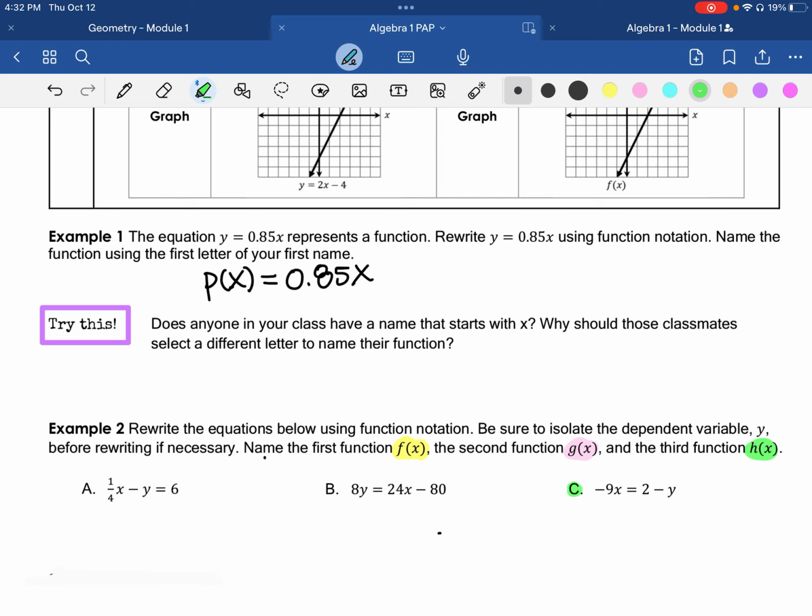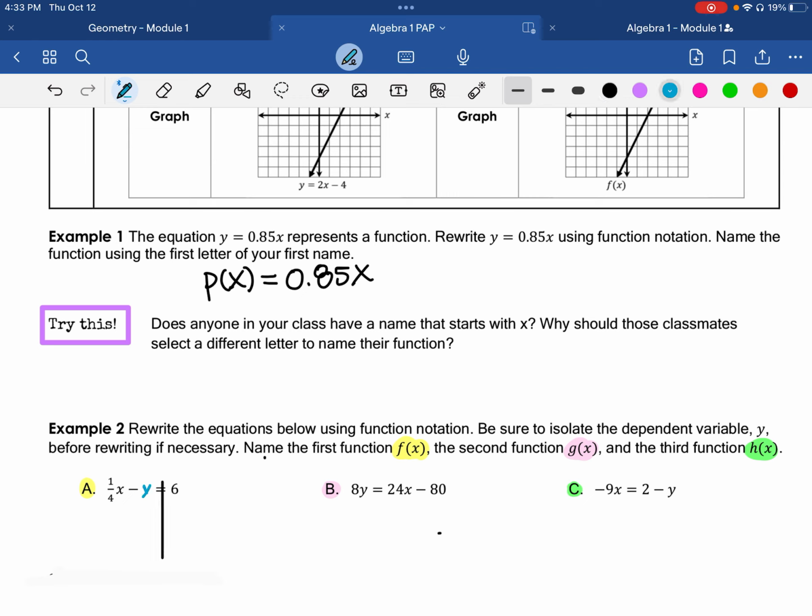So let me just put these colors right here so that I make sure to use the right letter.